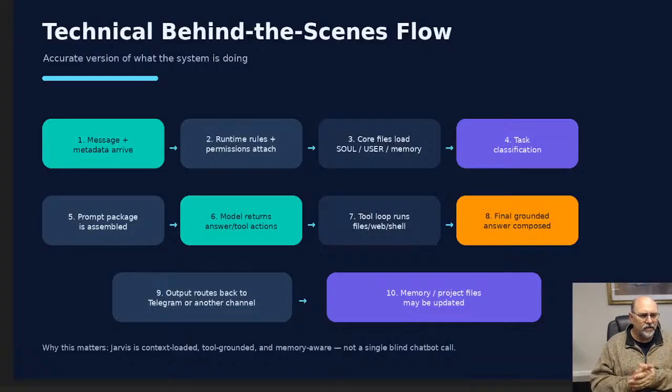It does run through the shell and file loop, and it gets an answer. Then it routes it back to Telegram or any other channel, and then it unloads the memory, and the project files may need to be updated. So there's a little bit of a circular thing that happens back and forth just so it remembers. And this is still at a pretty high level.